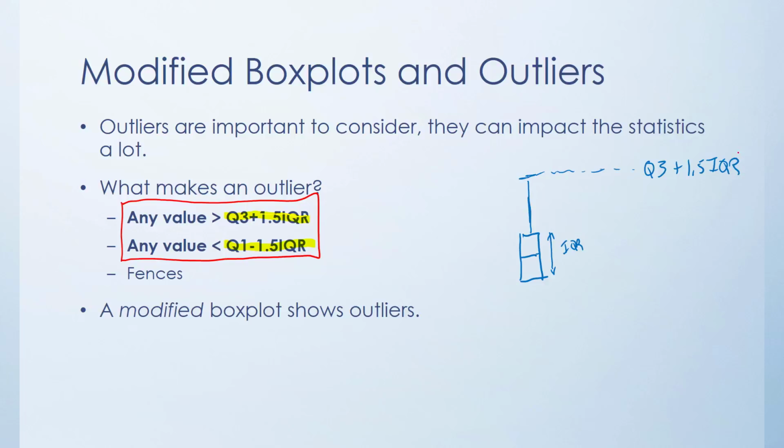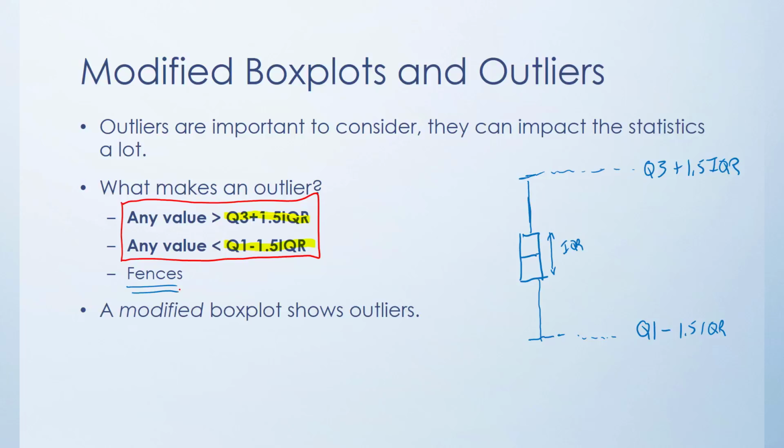And then we're going to do the same thing. We're going to take that interquartile range, grow it by about 50%, and go about the same distance down. So this is going to be Q1 minus 1.5 times interquartile range. These are what are called fences.